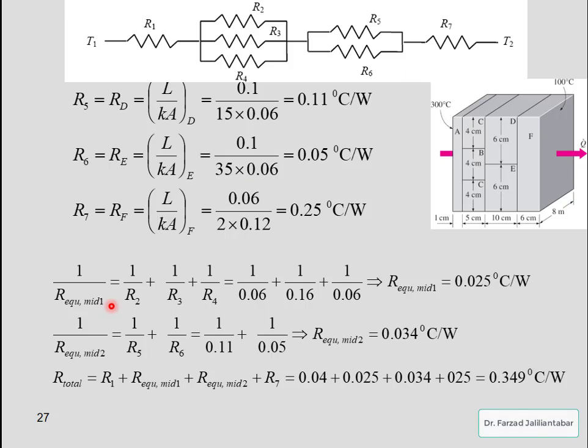So first we should calculate the equivalent R for this part, because they are in parallel arrangement, and also you should calculate the equivalent R for this part because they are in parallel arrangement. So the equivalent for mid 1 means 1 divided by R equal mid 1 is equal to 1 divided by R2 plus 1 divided by R3 plus 1 divided by R4.